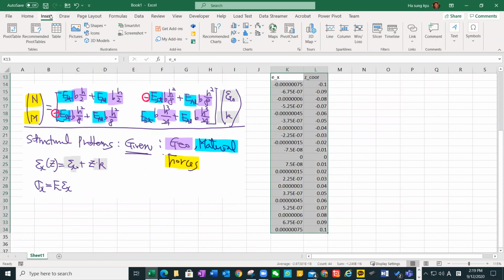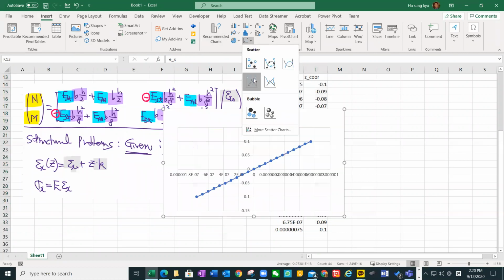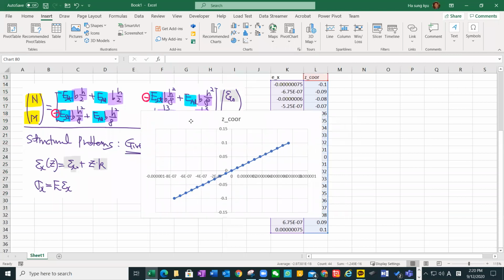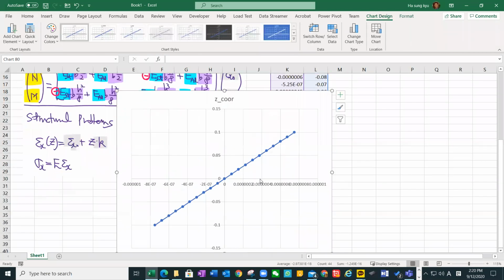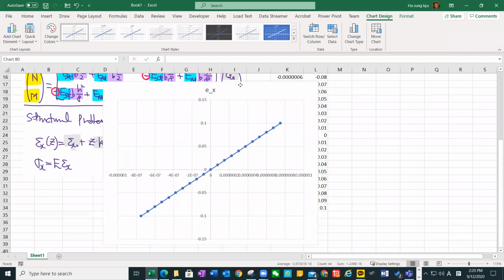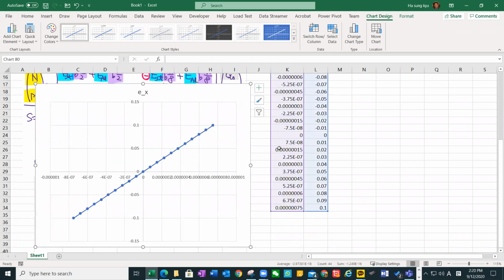We can go to insert, go to plot, and we can plot them. This is the strain. This is the z coordinate. This is the strain. This is easier to understand.